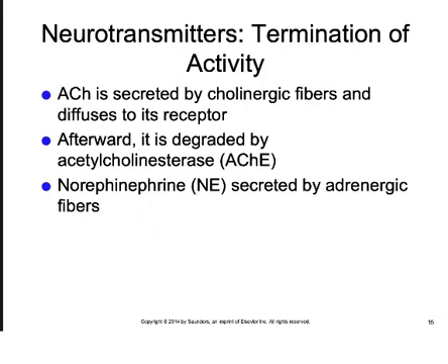How do we terminate activity? Well, acetylcholine is made by cholinergic fibers, and it diffuses to its receptor and then is degraded by acetylcholinesterase, while norepinephrine is secreted by adrenergic fibers, and it relies on diffusion in order to have its effects reduced.